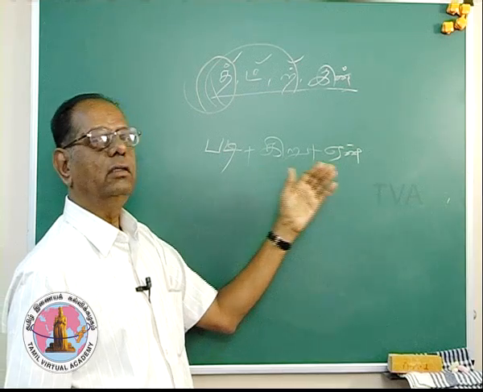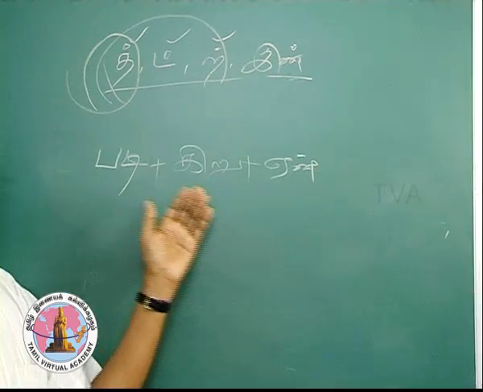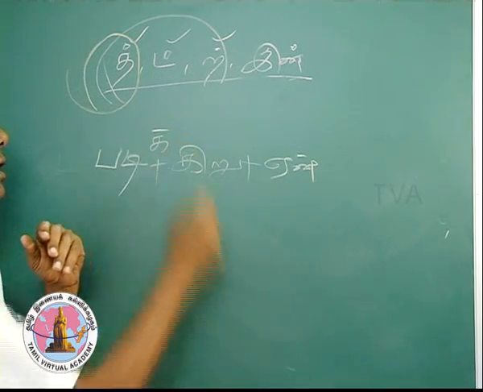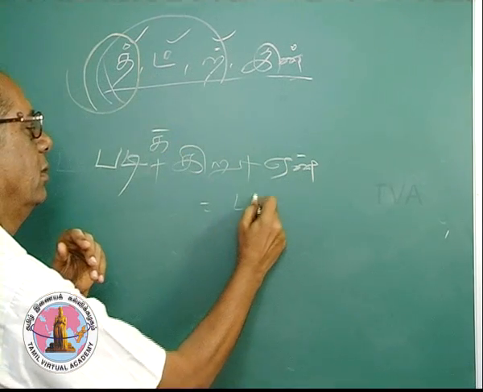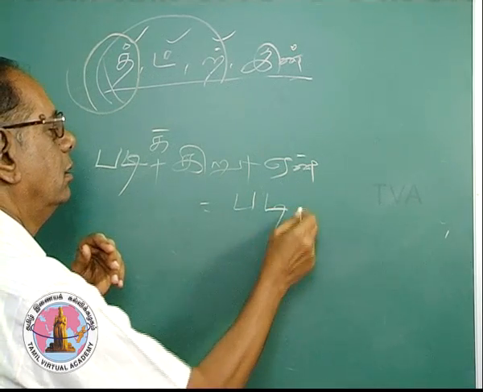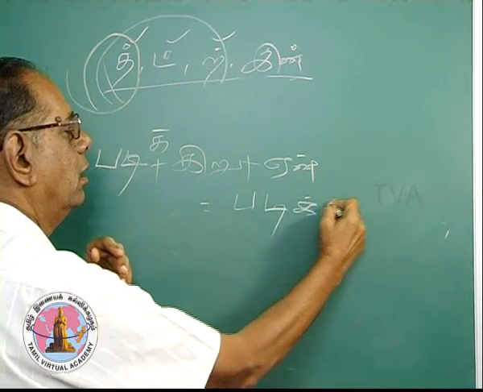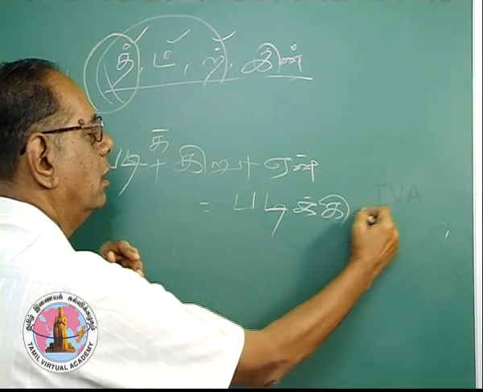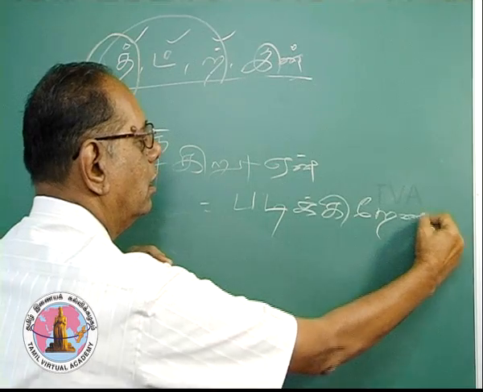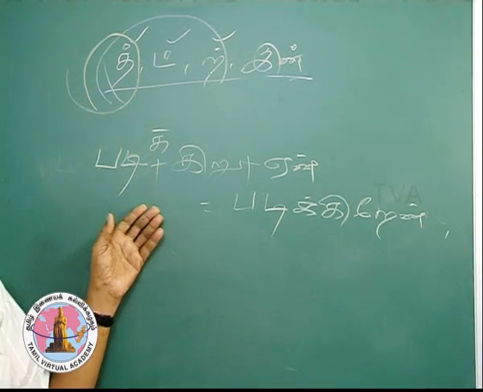Padi kiru yen. Padi plus kiru plus yen. It got doubled here. It became padikkiren.